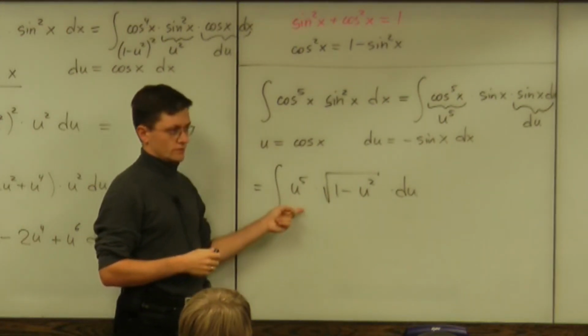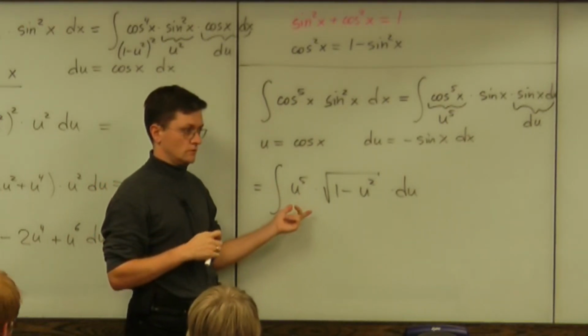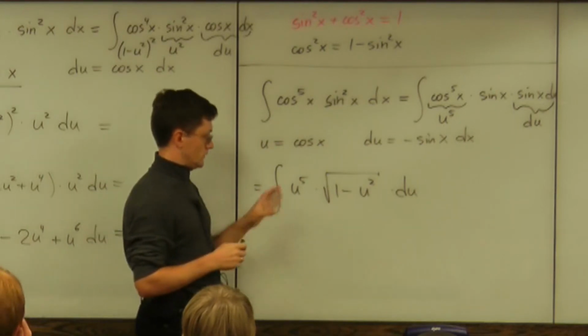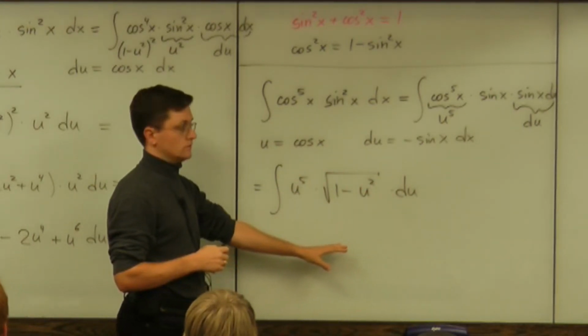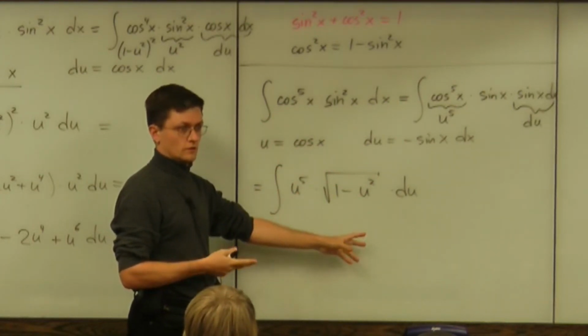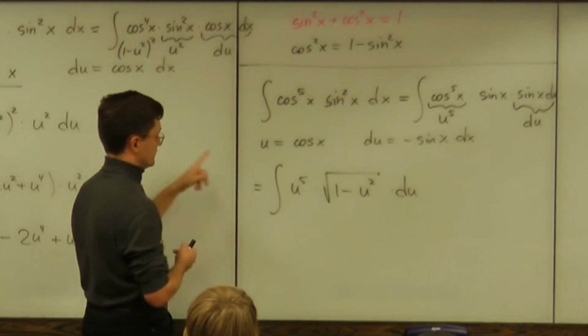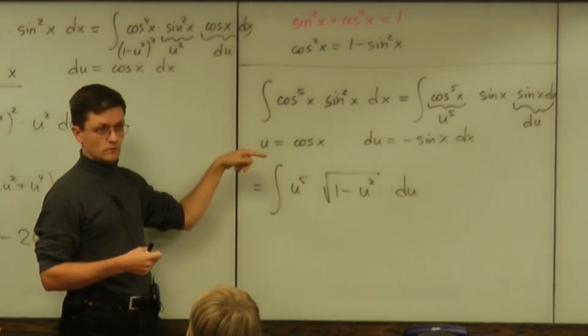And the result here is not as simple as what we had before. Although this integral can be easy to take, for other powers it may not be so easy to take. So in this case, substitution u equals sine x is much more successful.